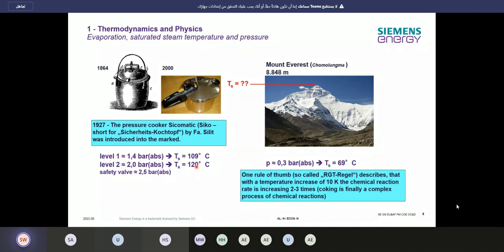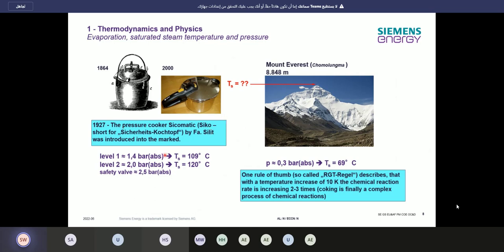So it will boil your food faster than when you just boil it with a normal cooktop, which is open to ambient, not sealed, and then you're reaching the 100 degrees Celsius. Of course, important on these ones is the safety valve, because otherwise, when the safety valve is not working, there were already accidents, when the cooktop is flying around in the kitchen and hurting people, etc.